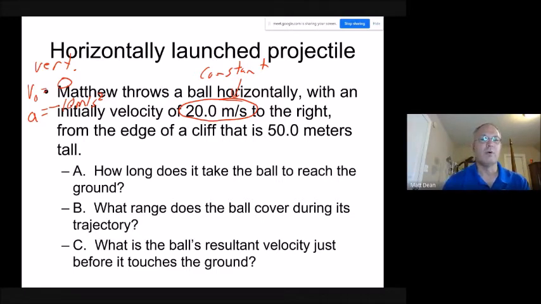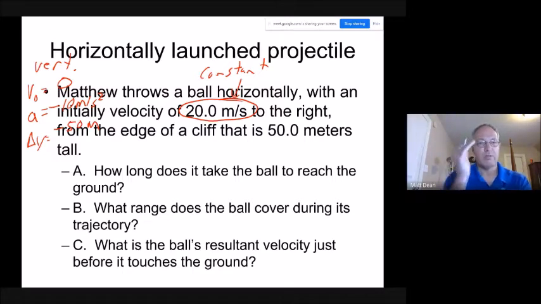It also eventually is going to fall a vertical distance of 50 meters. Well, that means that its displacement vertically, which we're going to call delta y, is -50 meters. You got to use that negative because it's 50 meters down. It's falling 50 meters.